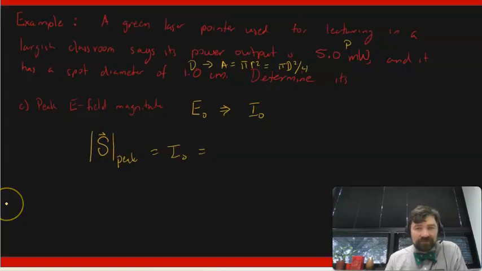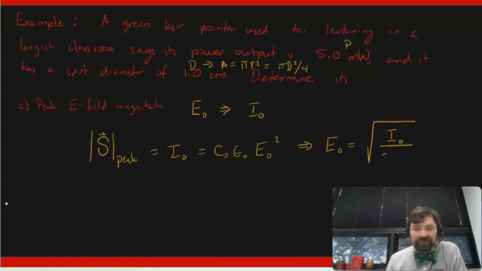Okay, so this would be c naught epsilon naught E naught squared. And so I can rearrange the equation to get that E naught is the square root of I naught divided by c naught epsilon naught.